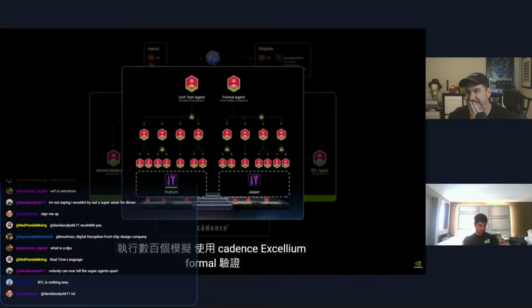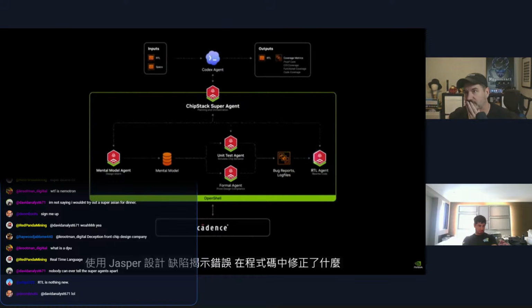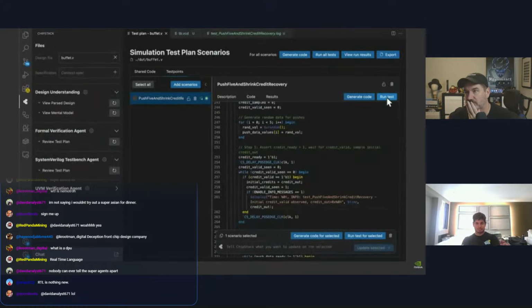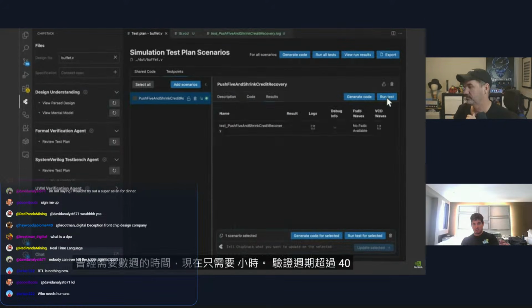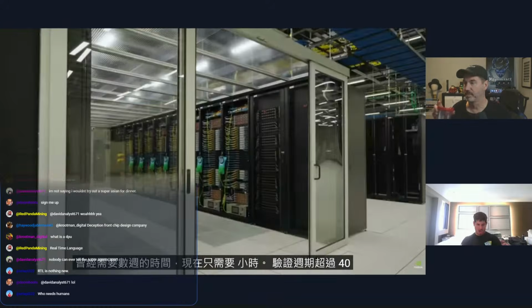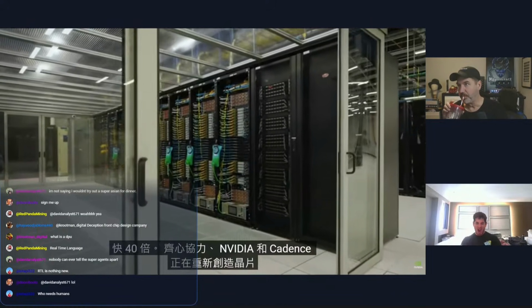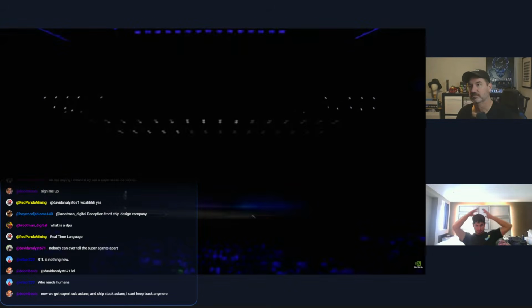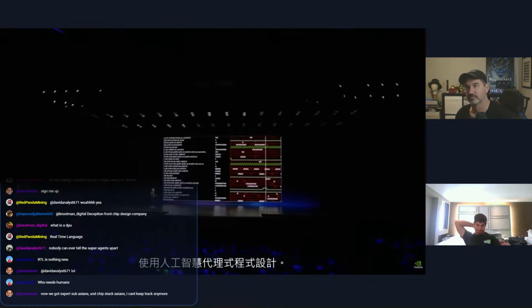Design flaws revealed, bugs in the code fixed. What once took weeks now takes hours. Verification cycles over 40 times faster. Together, NVIDIA and Cadence are reinventing chip design with AI agents. From weeks to hours.